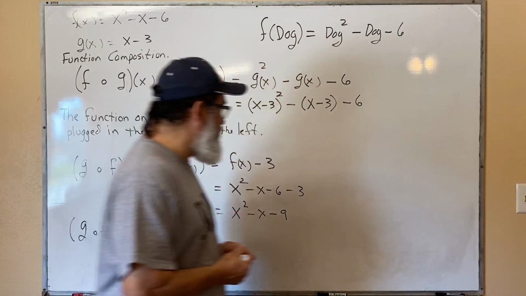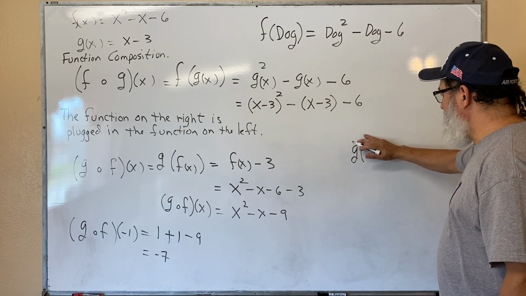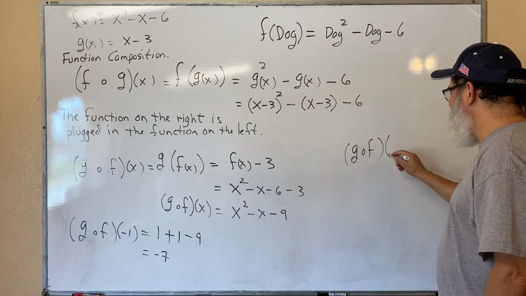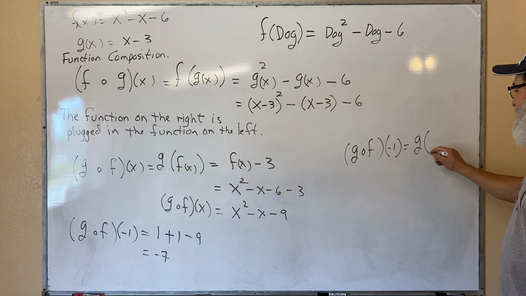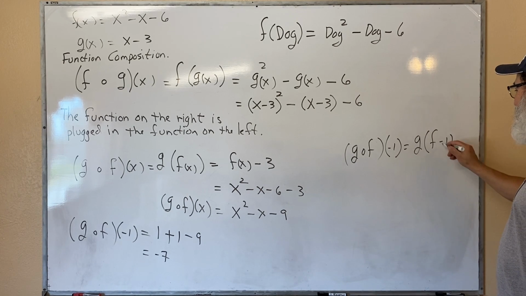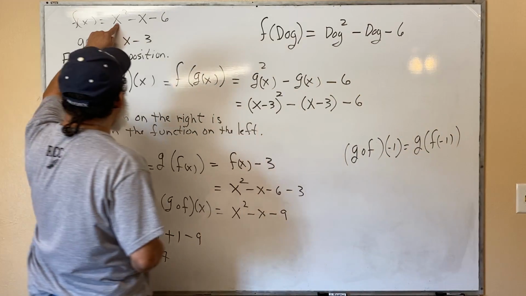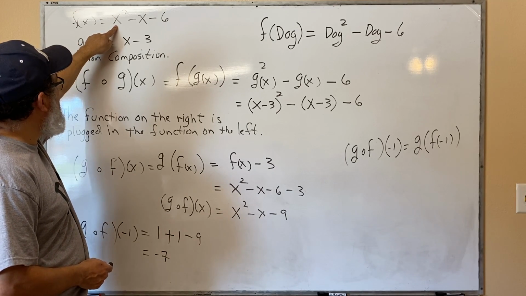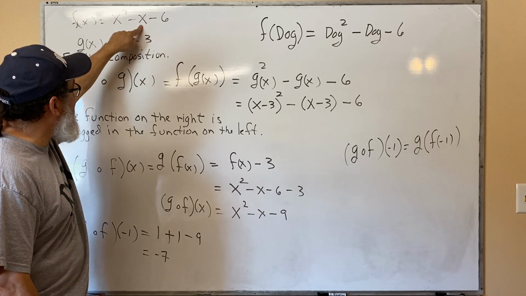Is there another way to get this? Yes, there is. Watch this. G of f of -1 equals g of f of -1. So plug in -1 into f. What's -1 squared? 1.